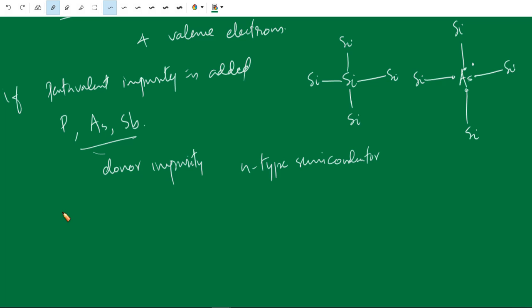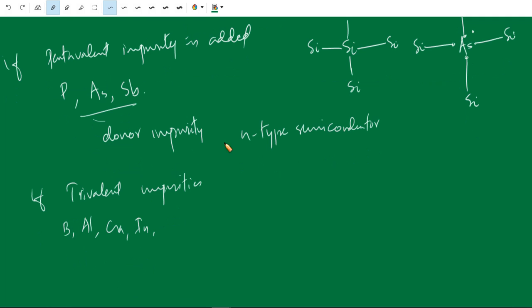Now, next, if a trivalent impurity is added, like boron, aluminum, gallium, indium. These are trivalent impurities. If they are added to the silicon, then they accept electrons from the valence band in order to complete the covalent bonds with the 4 neighboring atoms, leaving holes in the band.